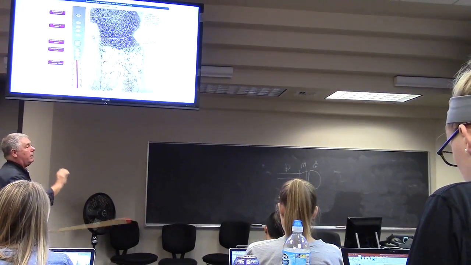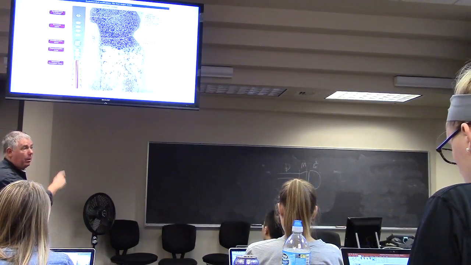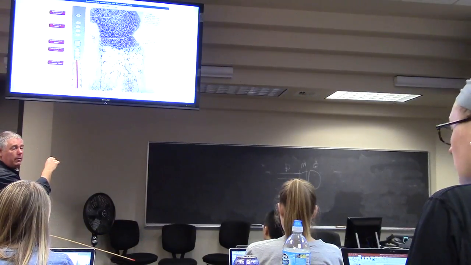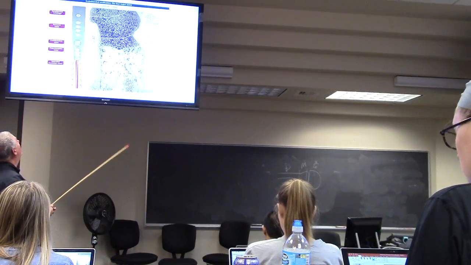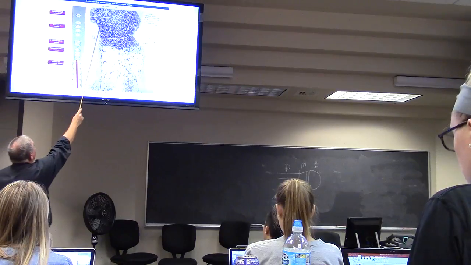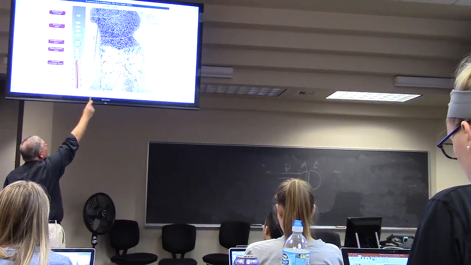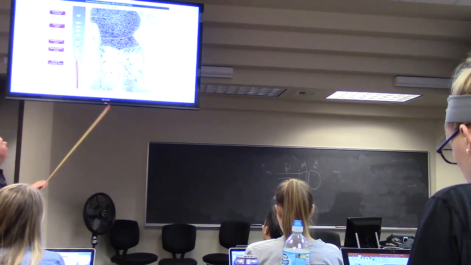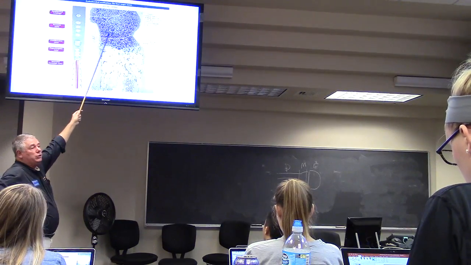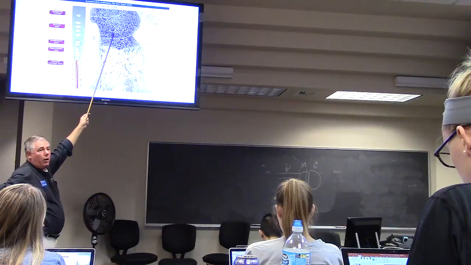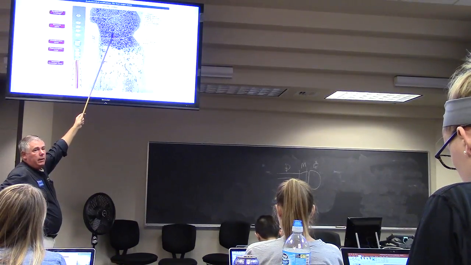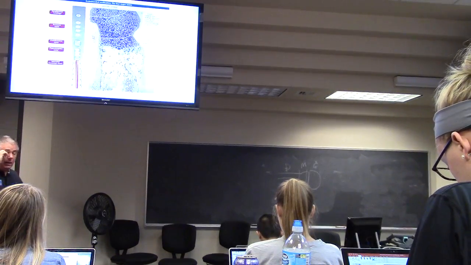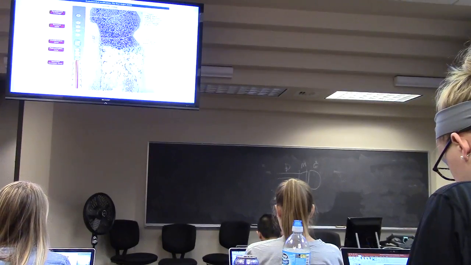So the regions of the eventual bone here, we've got the epiphyseal cartilage at the very top. Next is called the resting zone or the reserve zone of cartilage. This is hyaline cartilage.